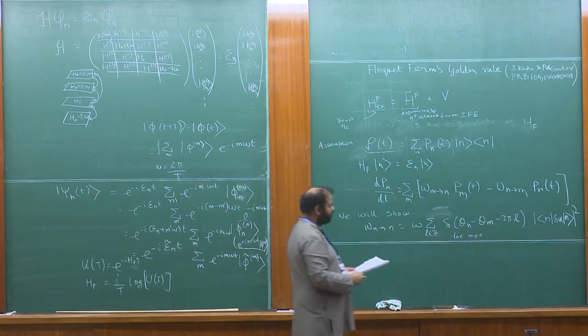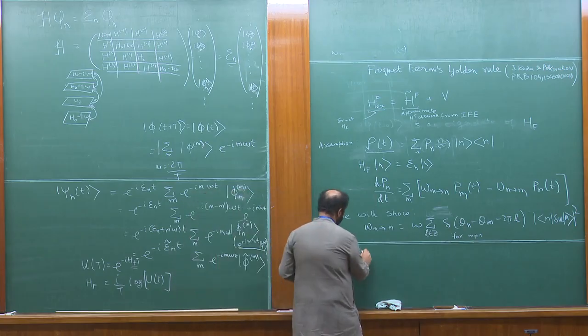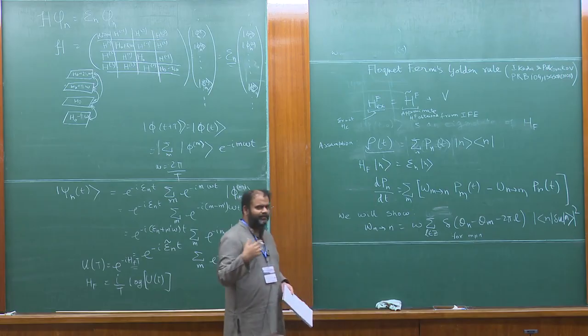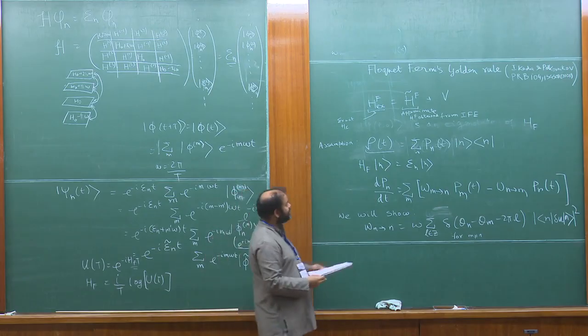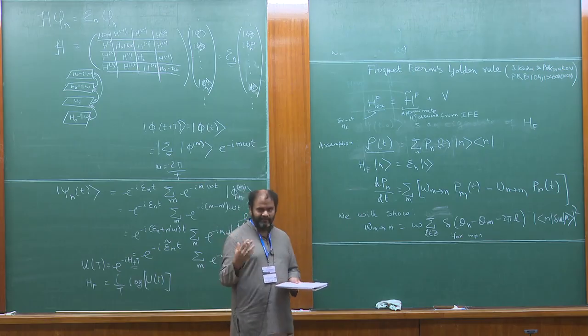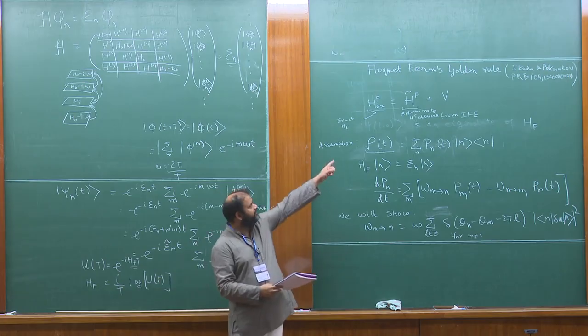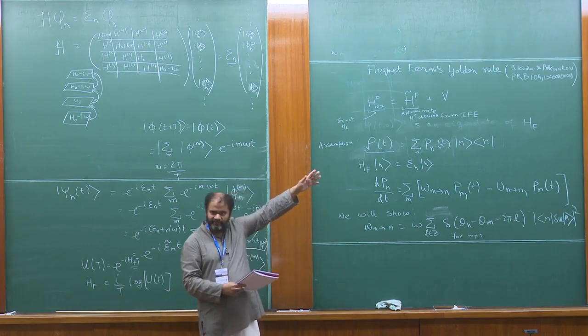So let me tell you what I have written down here. The actual UF, the actual U that corresponds to the exact time evolution, is different from whatever would correspond to e to the power minus i h tilde f, right?